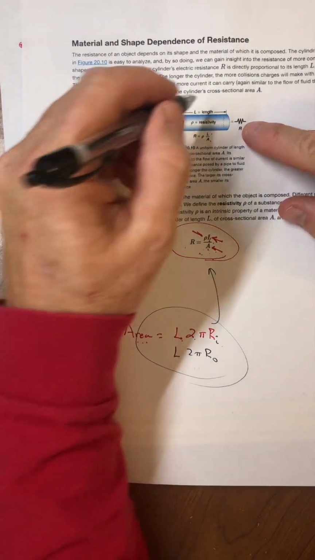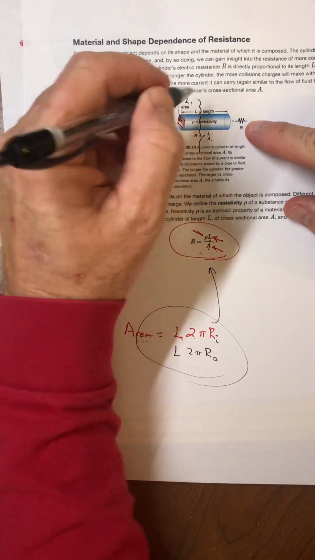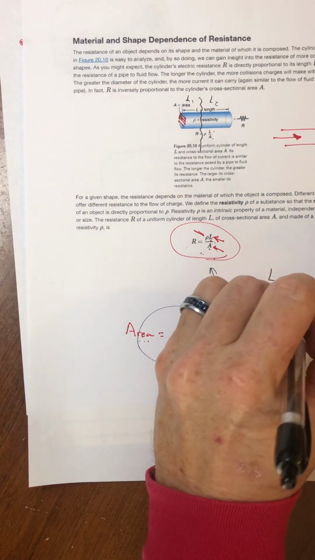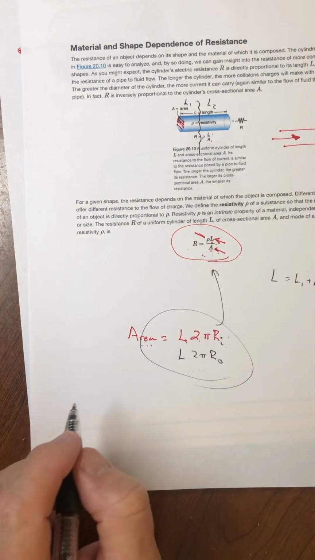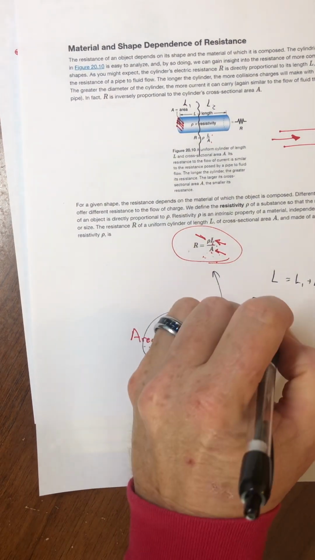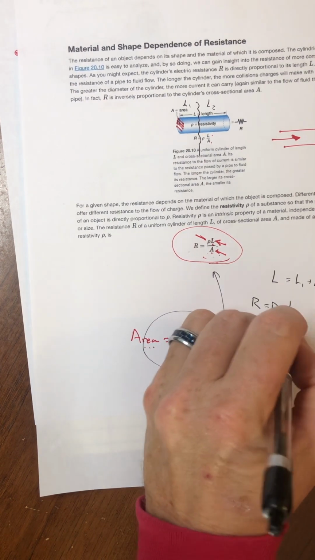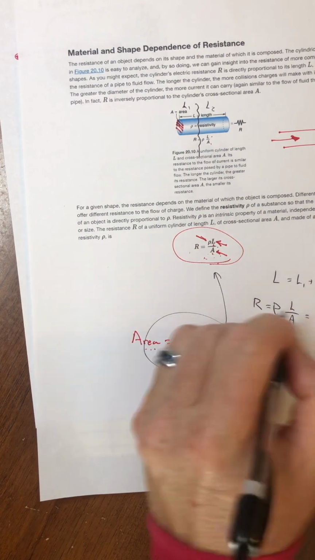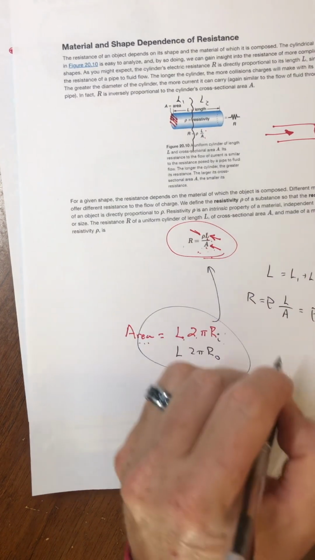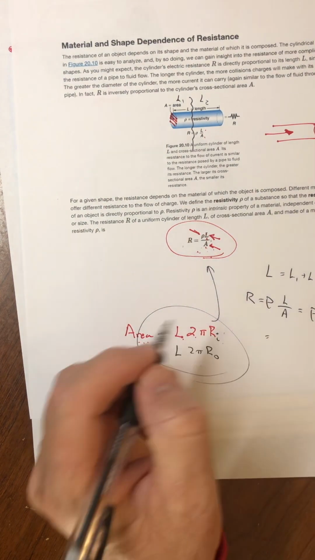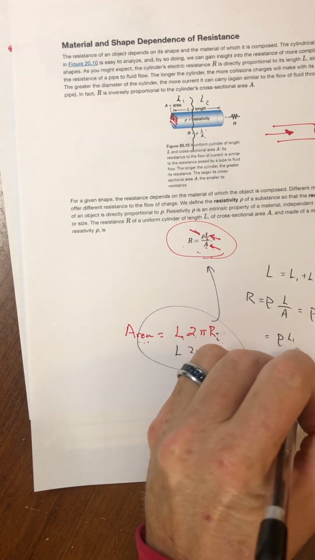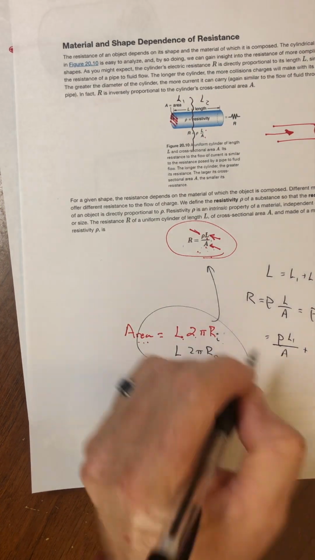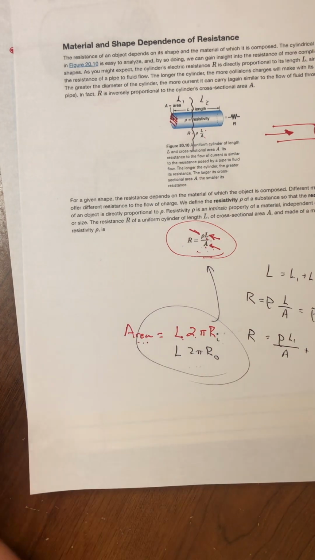You might think of this and split it into an L1 and an L2, so that this total L is made out of two pieces for a second. And here's why I say that. If the total resistance is equal to rho times L over the area, and the L is L1 plus L2, this helps me to conclude that the total resistance can be thought of as two pieces.